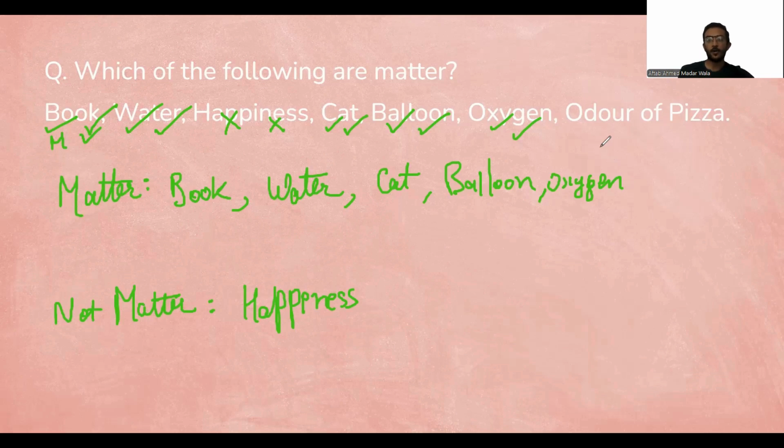So I can say that order of pizza is also an example of matter. Okay. So I hope you understood that only happiness among the following is not an example of matter. Other than that, everything is an example of matter.